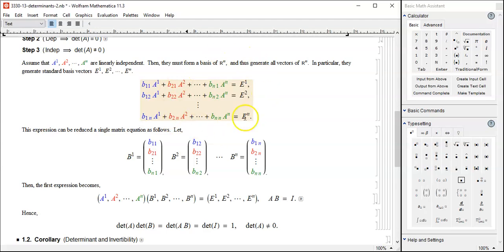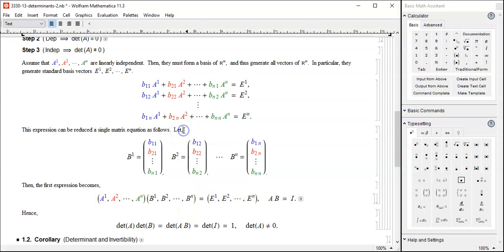Somehow from here, you have to get this. Putting A1 through An together, we get square matrix A, and then square matrix B somehow is equal to square matrix I by putting together E1, E2 all the way over to En, and the conclusion follows. Alright, let's fill up this big hole. How do I get this matrix B?